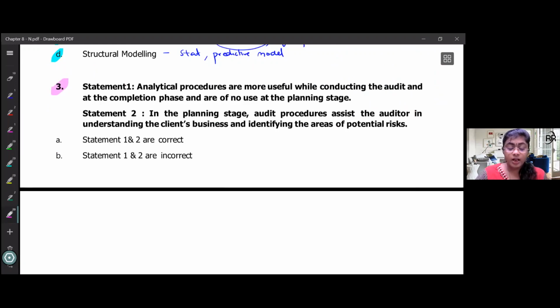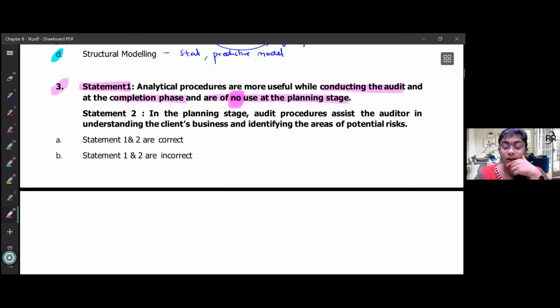Statement 1. Analytical procedures are more useful while conducting the audit and completion phase, and they are of no use in the planning phase.